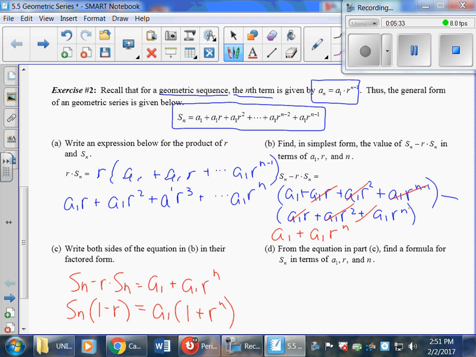And then on D, it says from the equation in part C, find a formula for S of n. In other words, just divide both sides by 1 minus r, and we get Sn is equal to a sub 1 of 1 plus r to the n divided by 1 plus r.